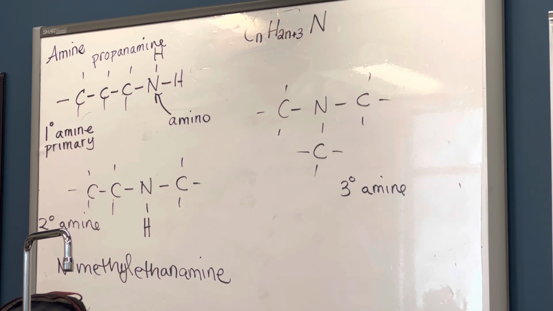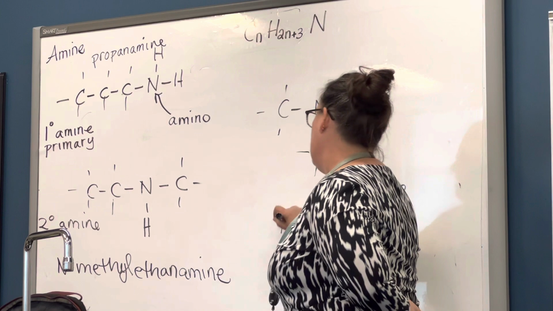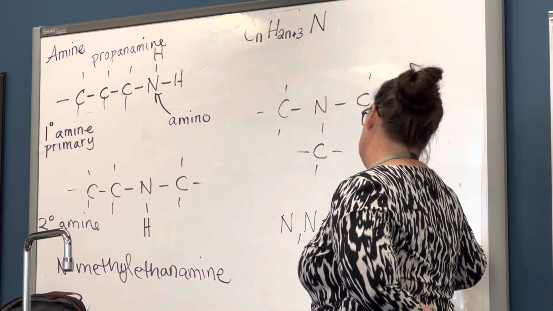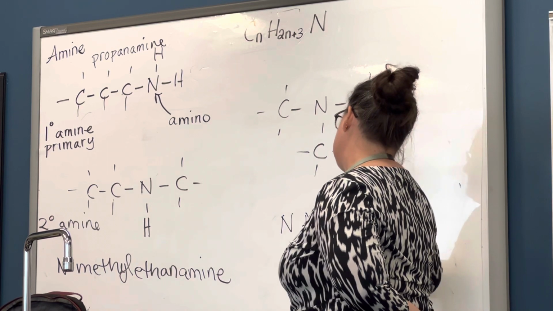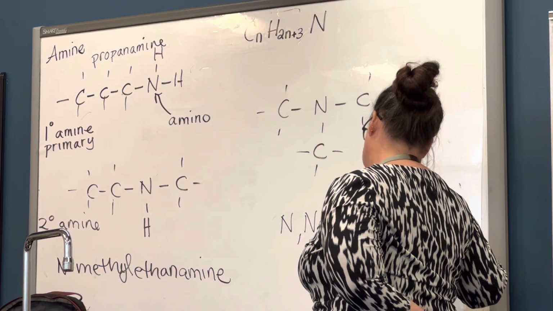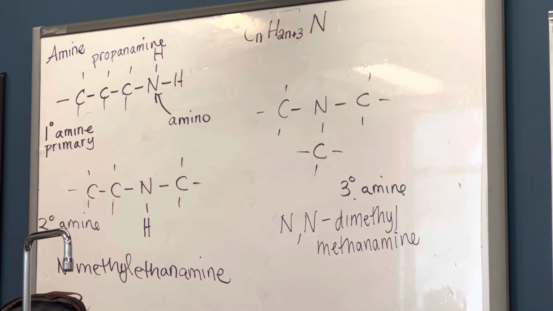And the one on the right, everyone I've ever met calls that trimethylamine, except for those of you taking IB, who are going to call it N,N-dimethylmethanamine. In high school, we just tell you what's on that nitrogen. So we would call that trimethylamine because it flows well.